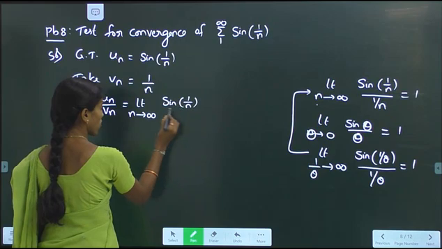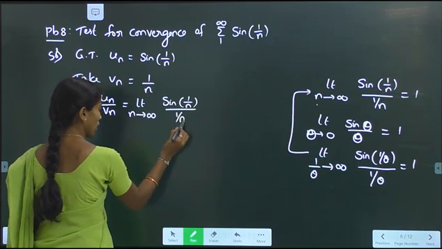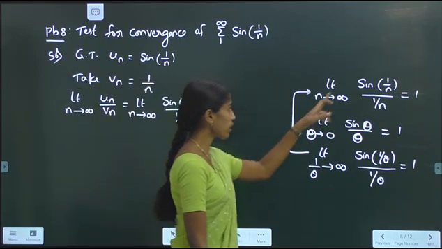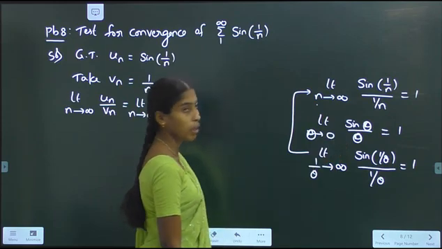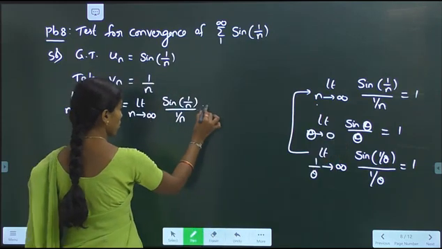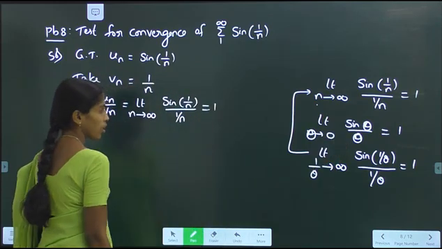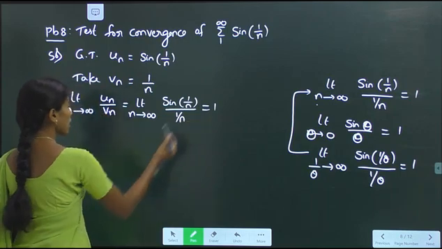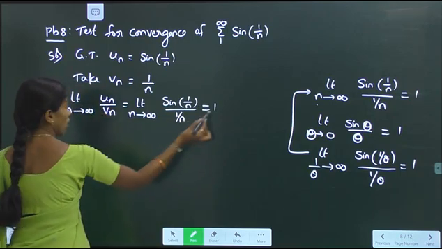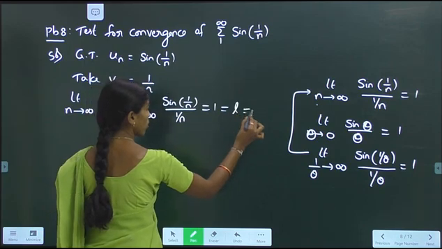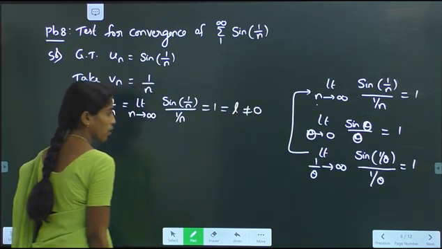Sine of 1 by n by 1 by n. As n tends to infinity, sine of 1 by n by 1 by n is equal to 1. Right? So, because it is equal to 1, L value is not equal to 0.